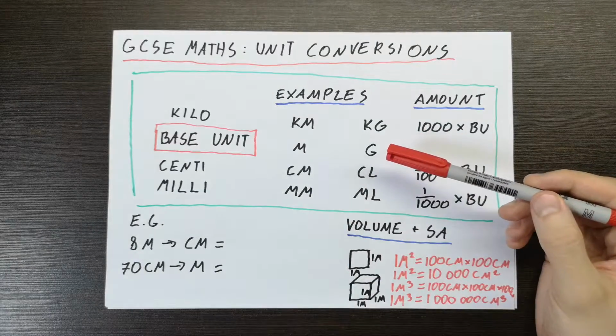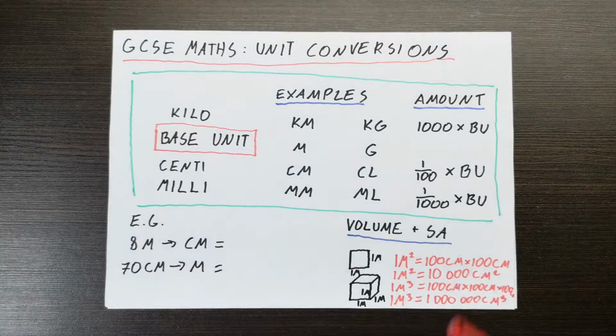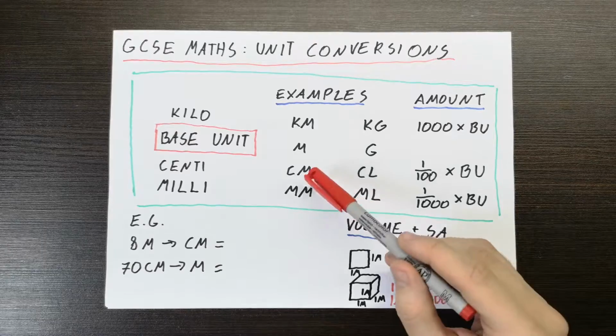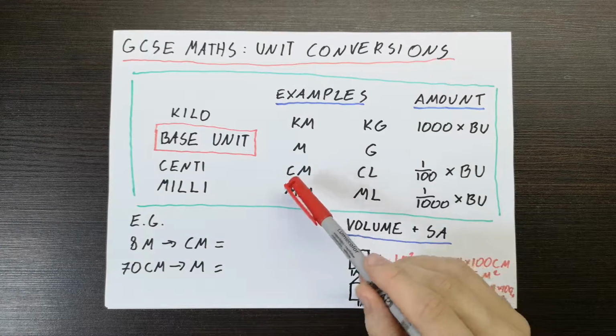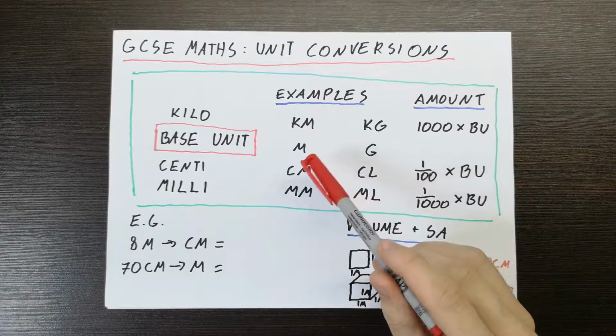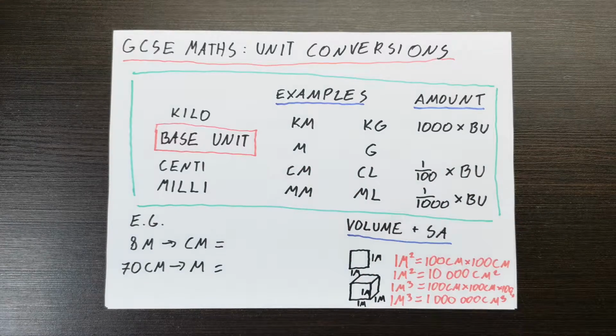And 1 liter, for example, is equal to 100 centiliters, which we often see in bottles. So that's centi, 1/100th of the base unit. Very important. And of course, the other way around, 1 centimeter is 1/100th of a meter, as I already mentioned.